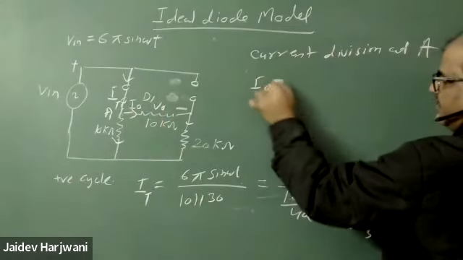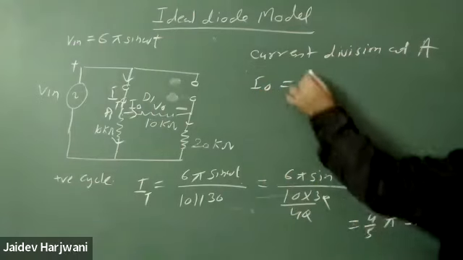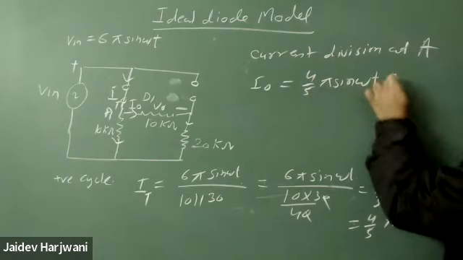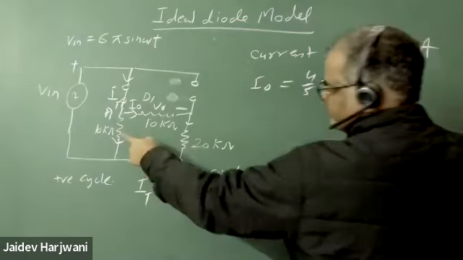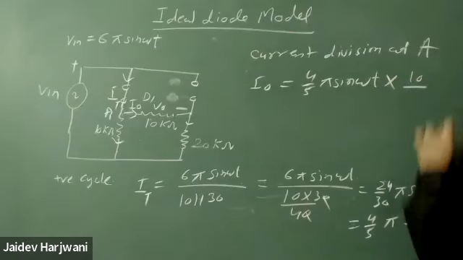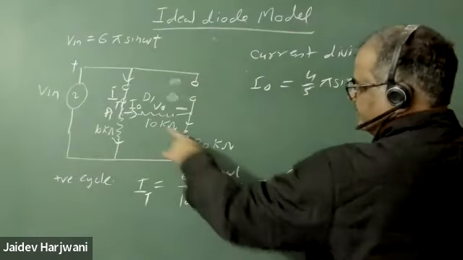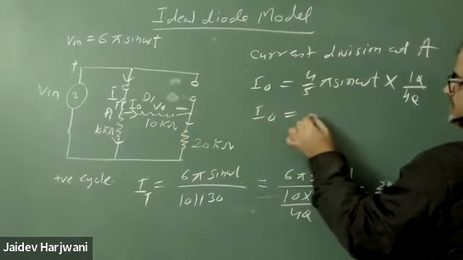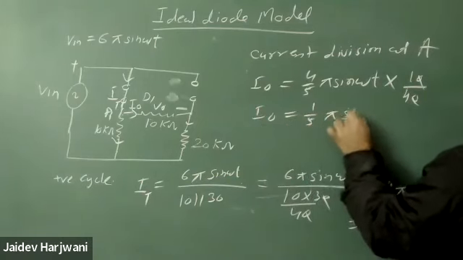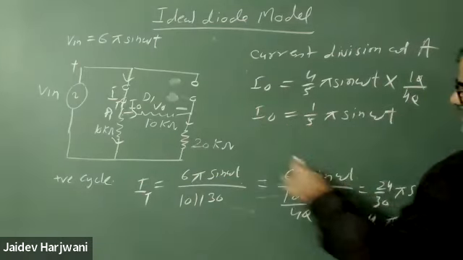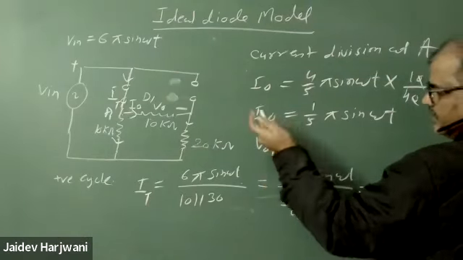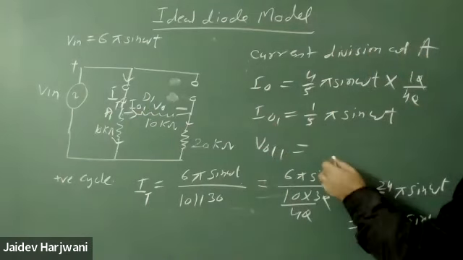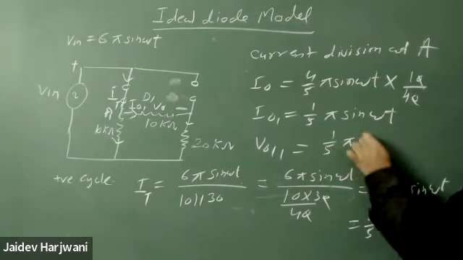My I naught will be the total current, 4 upon 5 pi sine omega t, into the resistance opposite, 10 kilo ohm, divided by the total resistance 40. So I got I naught equal to 1 by pi sine omega t, and I will call this V naught 1, or you can call this I naught 1 also.